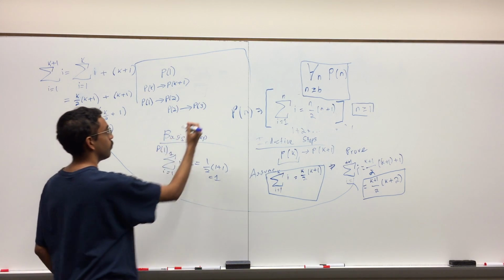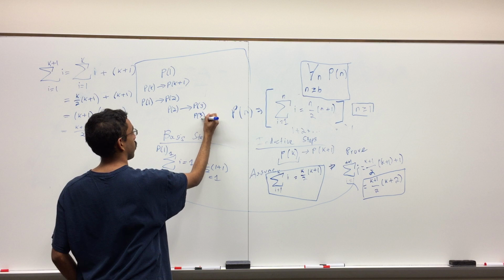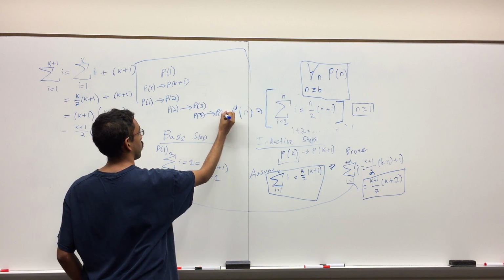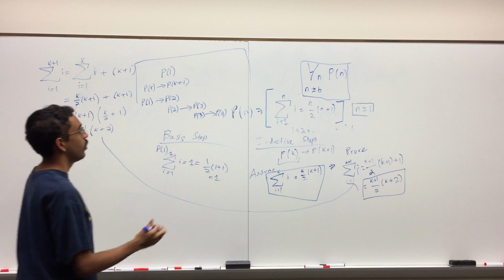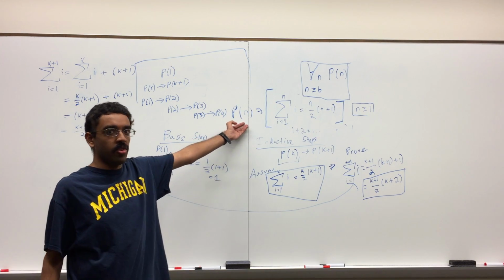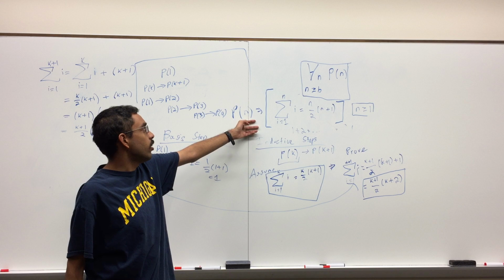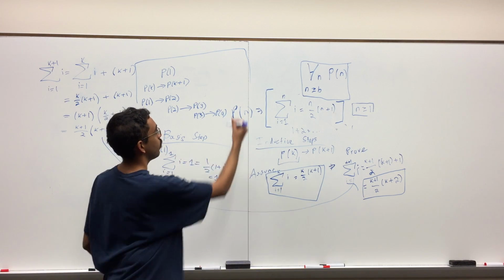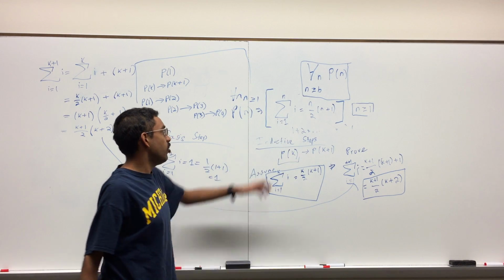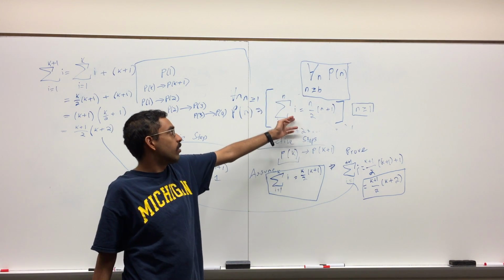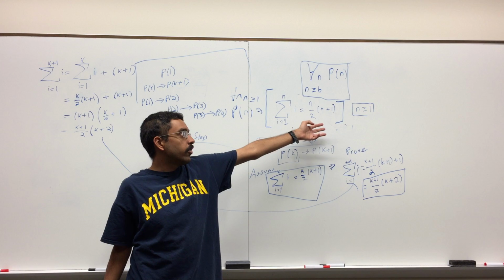And so on. P of 3 implies P of 4. And thus, we have proved our original proposition: for all n greater than or equal to 1, the summation from i equals 1 to n of i is equal to n over 2 times n plus 1.